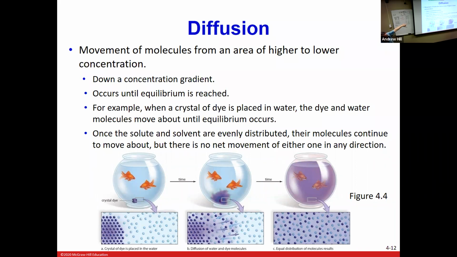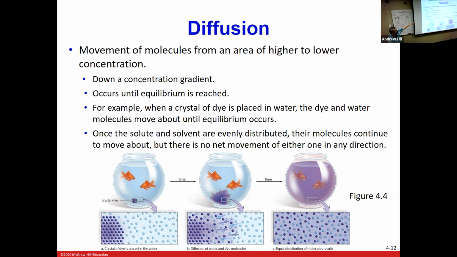And eventually equilibrium is reached. Now, in the very end here, diffusion is still occurring, right? Molecules are still diffusing back and forth. But when we say diffusion in this course, and in the book probably also, what they're really referring to is net diffusion, which is when we have a net movement of something from one area to another, right?